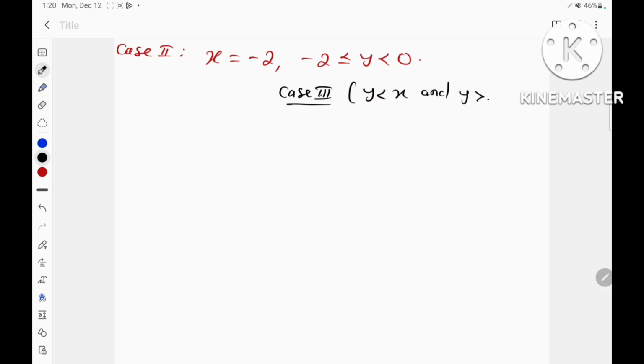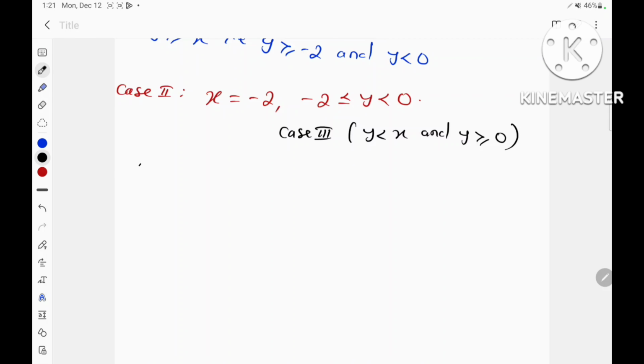and y is greater than or equal to 0. In this case, the absolute value of y minus x is equal to x minus y, and the absolute value of y is equal to y. And therefore, from the given equation, we're going to have x minus y plus y, which is equal to 2.